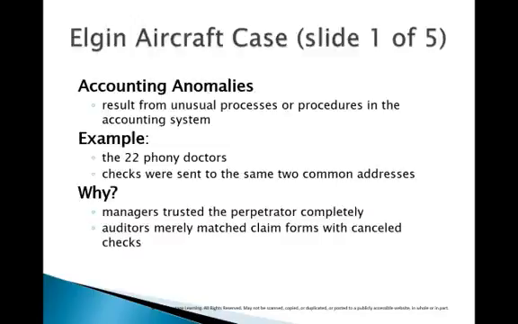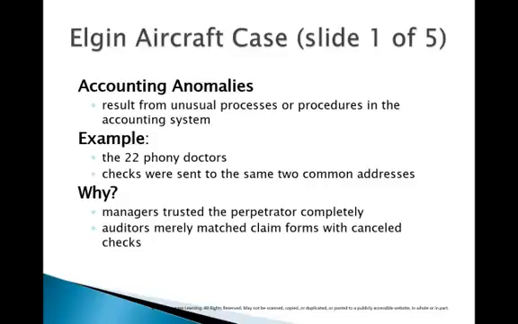So an accounting anomaly. And if you haven't read the Elgin Aircraft case at the beginning of the book, go ahead and read that now, and then come back and we'll discuss the case here. It's an interesting case because this company, Elgin Aircraft, is self-insured for medical bills under a certain amount. And they have an employee who's responsible for paying medical bills when they become due.